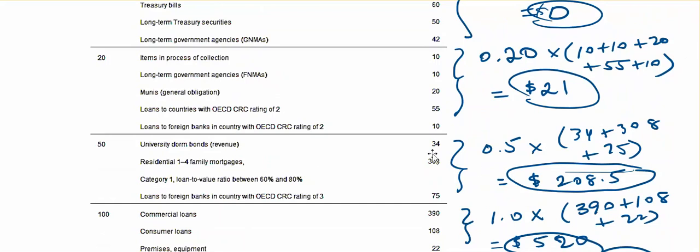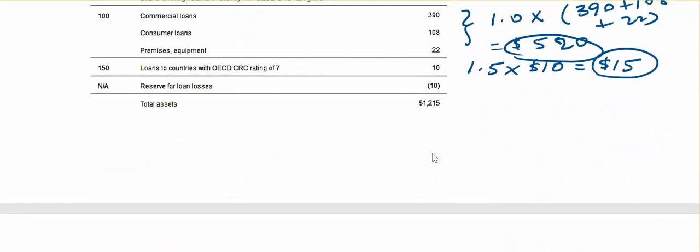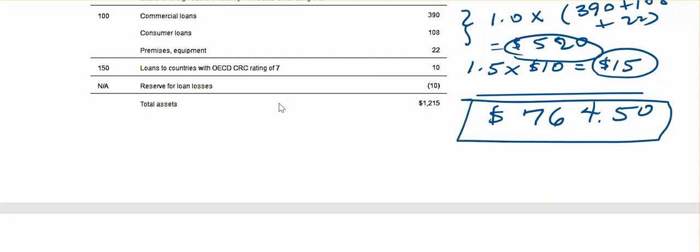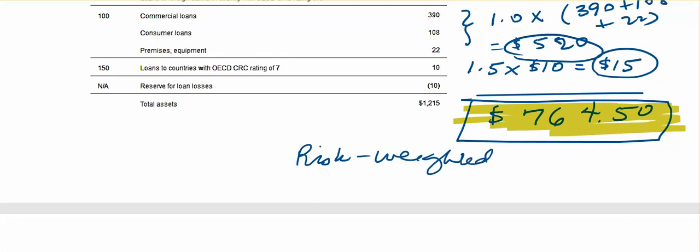And that will give us what's called the risk-weighted assets, which will be $764.5 million. So let me highlight that. This is definitely an important number. Again, this is the risk-weighted assets.